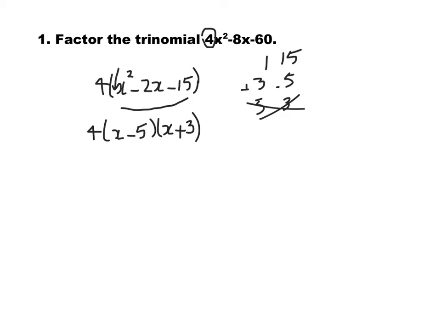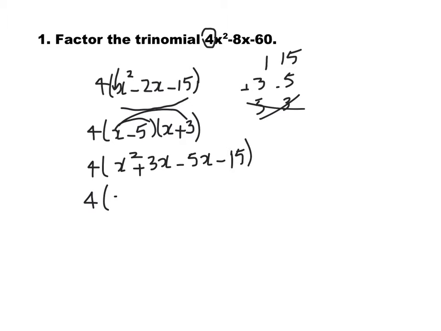Now if I expand this one, x times x is x². x times plus 3 is going to give me plus 3x. Negative 5 times x is negative 5x. Negative 5 times 3 is negative 15. There is no like term to x², so it's x². 3x minus 5x is negative 2x, negative 15.